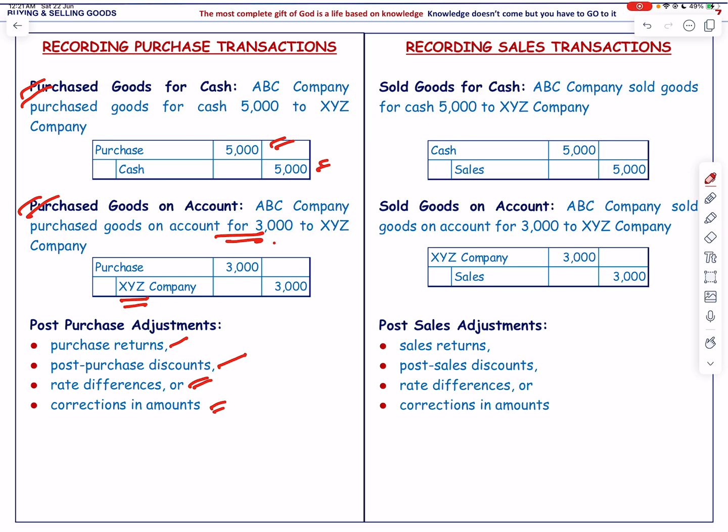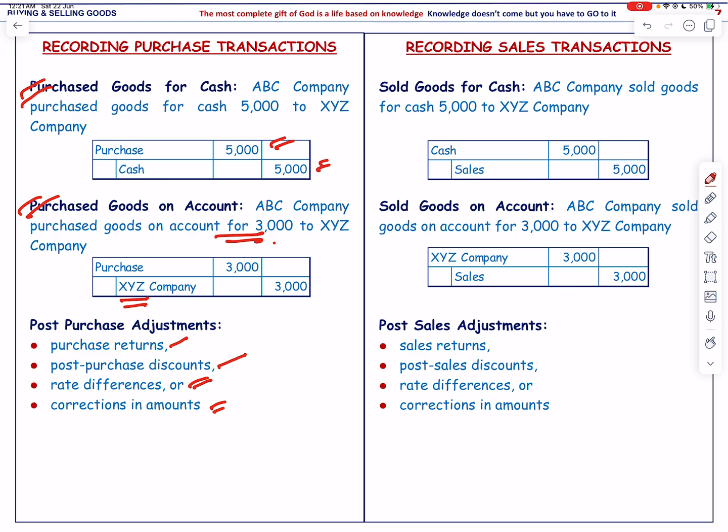So these adjustments can only be accurately documented and rectified once again through proper documentation known as a debit note or credit note. As already stated, these documents serve as essential vouchers that ensure the precise recording and adjustment of purchase related transactions in compliance with established accounting principles.